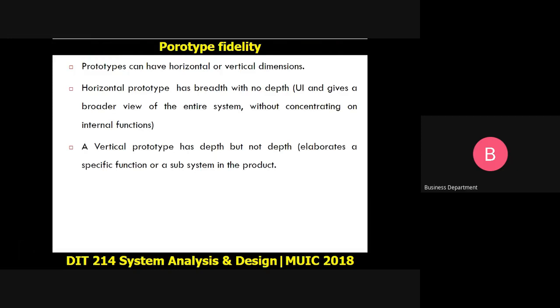It means that I take a certain function in my system and demonstrate to the user how the system I'm proposing will implement that feature in detail. That's why we are talking depth but no breadth. The other one talks about the features in the system, but doesn't concentrate on any specific function. It doesn't talk about how this feature shall be implemented in your proposed system.